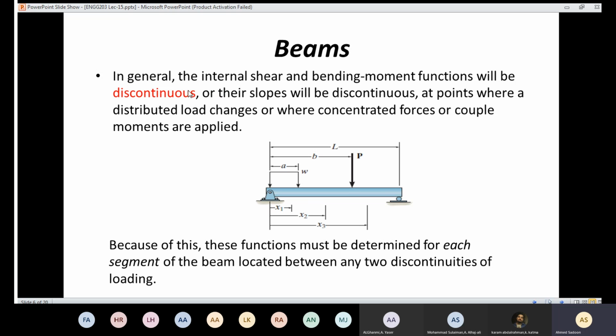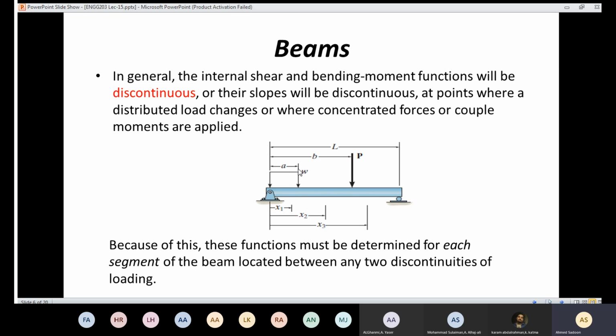So in general, the internal shear and bending moment functions will be discontinuous. Like I said, it's not always the case that I can get one section by only one x in order to know the variation. I have discontinuity, for example when you have distributed loading. Here I have distributed loading, and the distributed loading is going to change at that point.